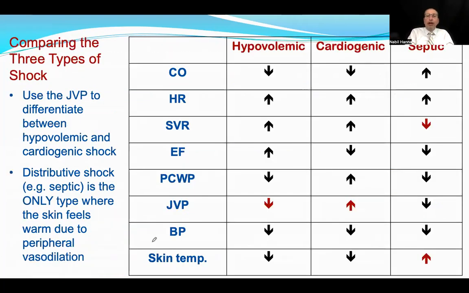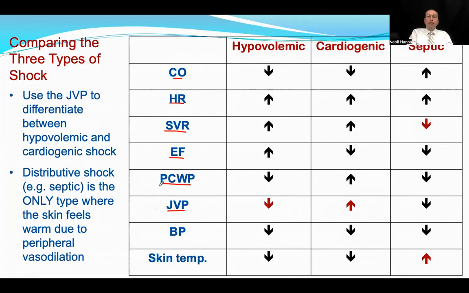So if we want to compare the three types of shock regarding these different variables: cardiac output, heart rate, systemic vascular resistance, ejection fraction, pulmonary capillary wedge pressure, which is a surrogate of the pressure in the left side, and jugular venous pressure, which is a surrogate of the right ventricular pressure.